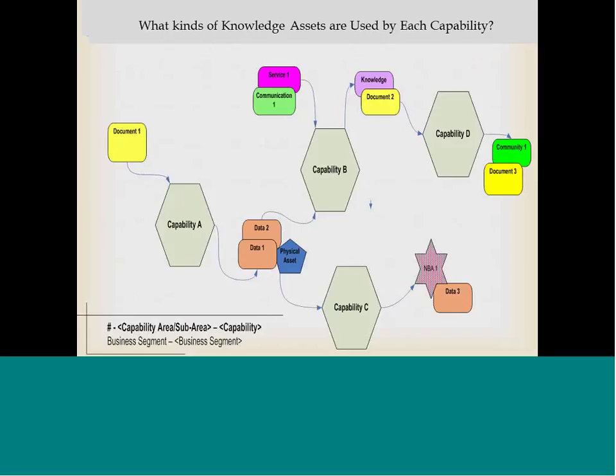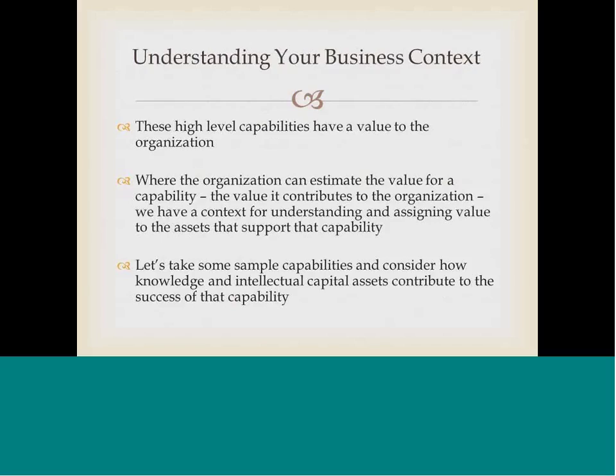Okay? So, as I mentioned, those high-level capabilities that we looked at in the university on the page have a value to the organization. Where the organization can estimate the value of that capability, in other words, the value it contributes to the organization, we have a context for understanding and assigning value to the assets that support that capability.